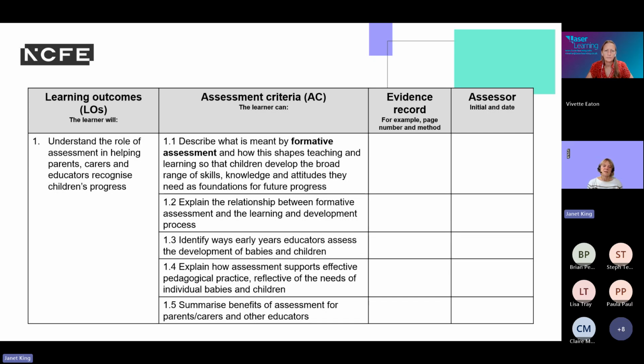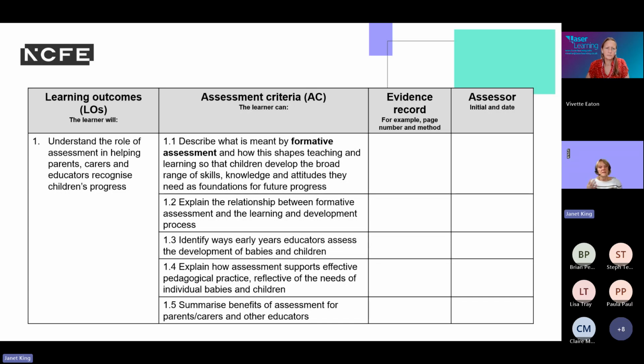So this particular outcome is reminding us about what the assessment cycle is. You could refer to the early years foundation stage. You could look at the assessment cycle, the importance of what that cycle is telling us about observing, about planning, about assessing, and about how that really is a continual loop.